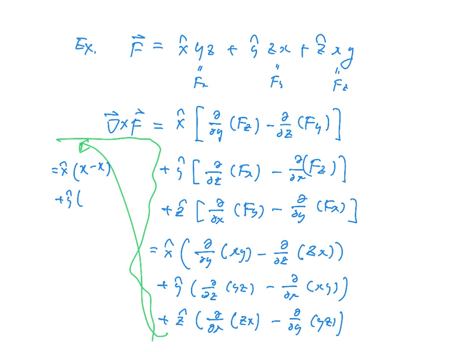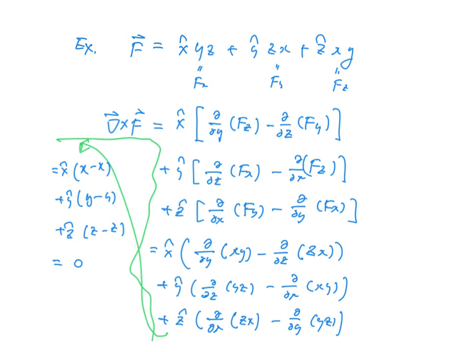What is partial z of Yz? Y. What is partial x of Xy? Y. What is partial z of Z, right? Minus... So for this particular example, it was 0.